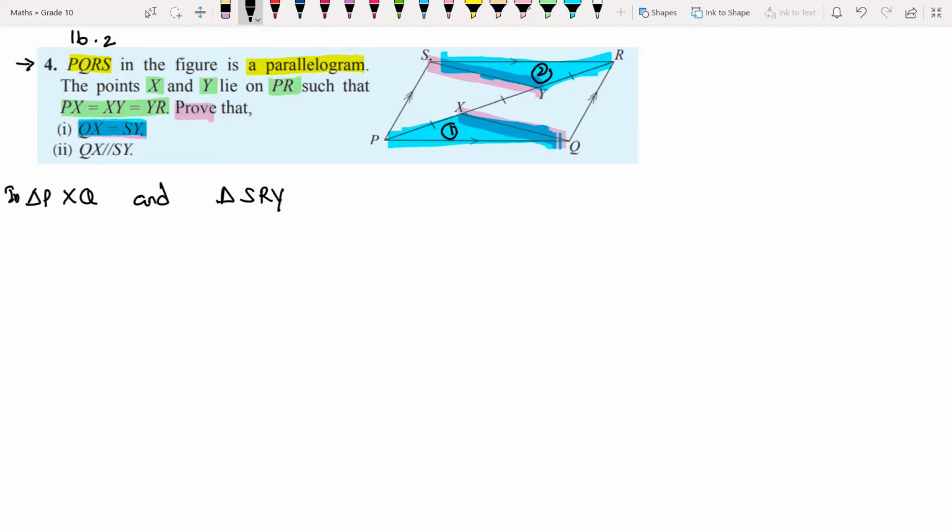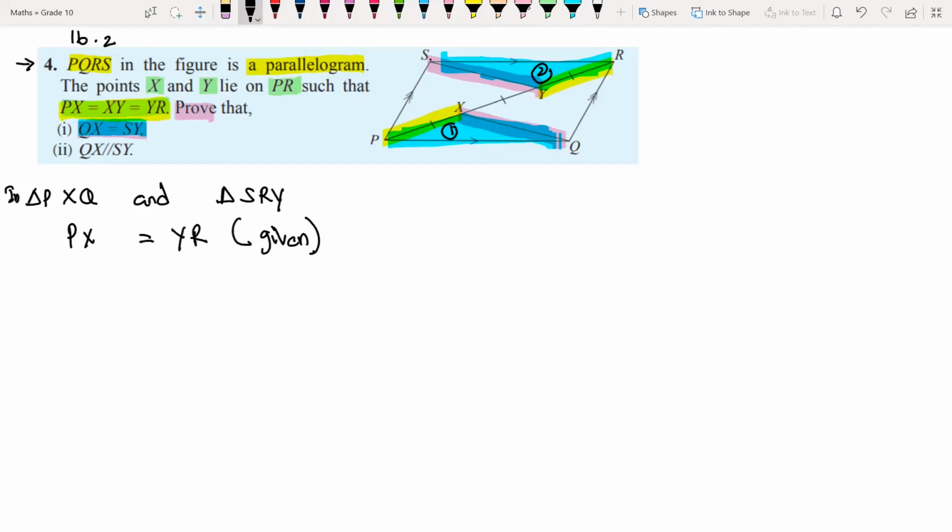So you can easily say PX equals YR. Why? It's the given data here. So you can say PX equals YR, within brackets, it's given.